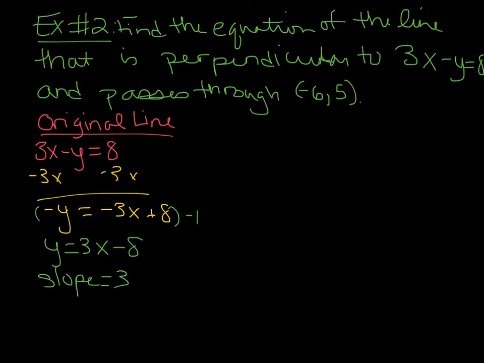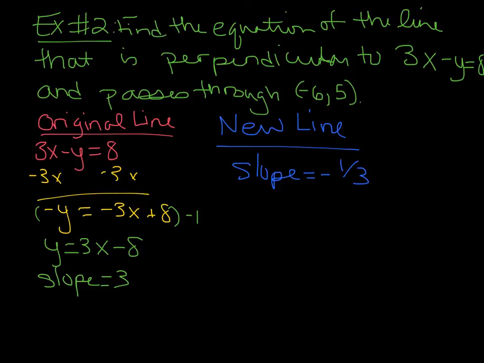Now my new line is going to have a slope that is the negative reciprocal of that, which is going to be negative 1/3. So now I need to find the equation of the line that has a slope of negative 1/3 and passes through (-6, 5). I'm going to use point-slope form again.